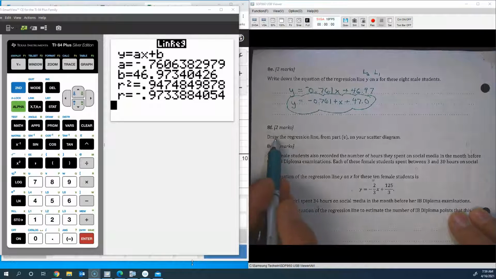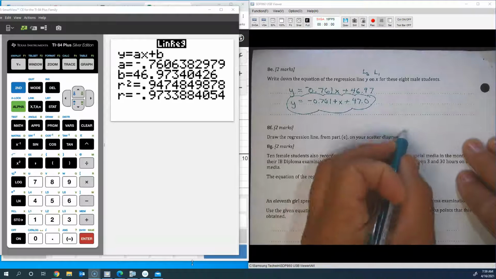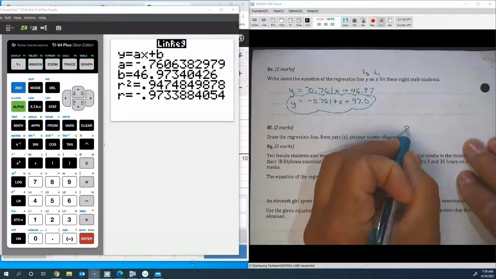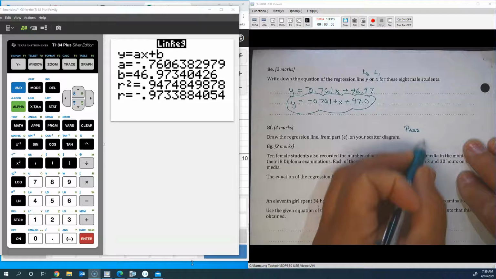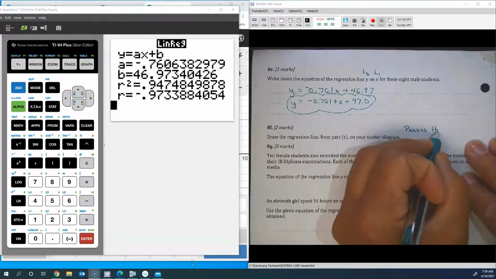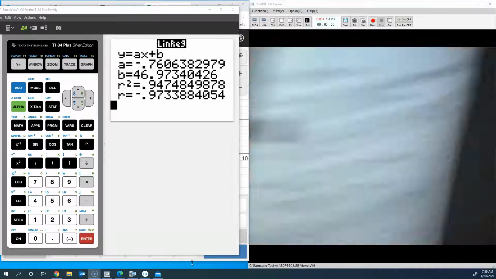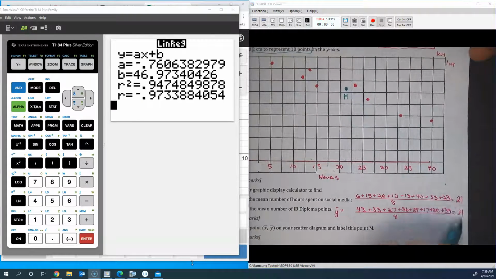The next step says draw the regression line on your scatter diagram. We know the regression line is going to pass through the mean point, and the coordinates of our mean point were 21, 31.